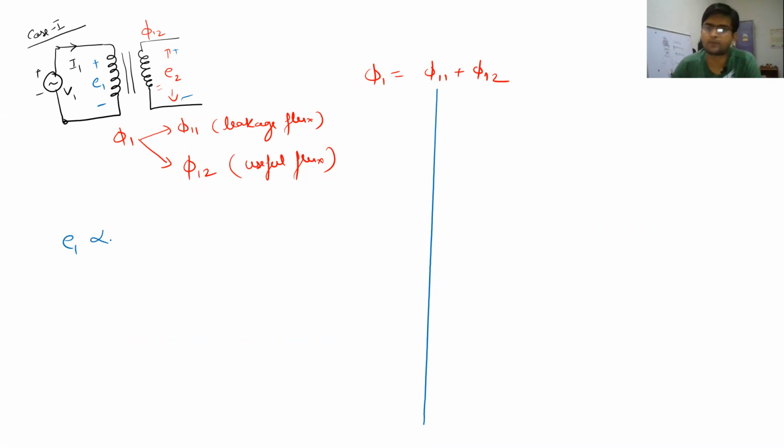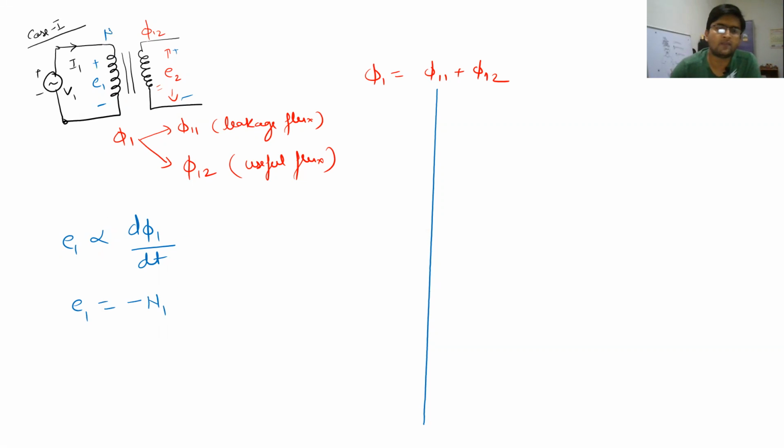E1 must be proportional to the change in this flux, d phi 1 upon dt, right? Whatever flux is being produced in this coil, its change with respect to time should be proportional to the EMF generated.